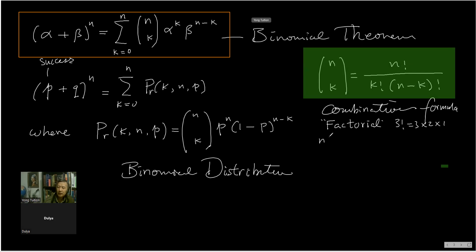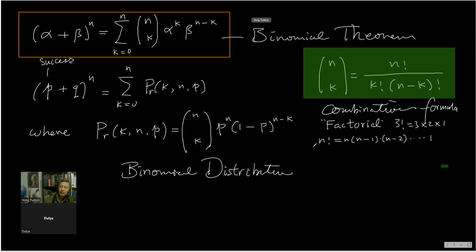So n factorial is simply equal to n multiplied by n minus 1, multiplied by n minus 2, and so on, until 1.